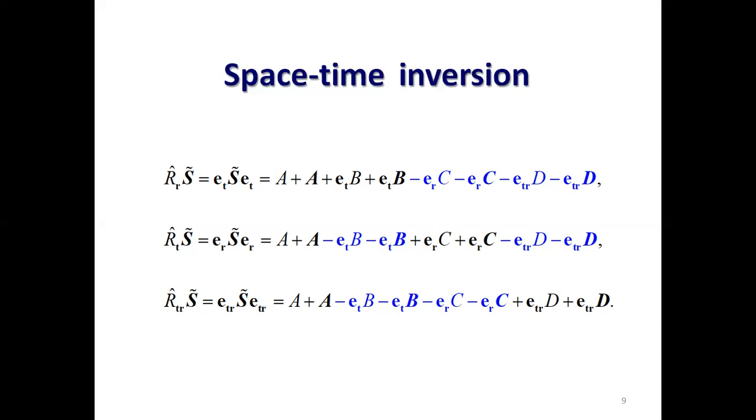In this case, we obtain a new Cdon in which we have minus signs in the time part and in the space-time part. And at last, the space-time inversion is carried out using ETR elements. In this case, we have a new Cdon in which we have minus signs in the time part, space-time part, and space part.